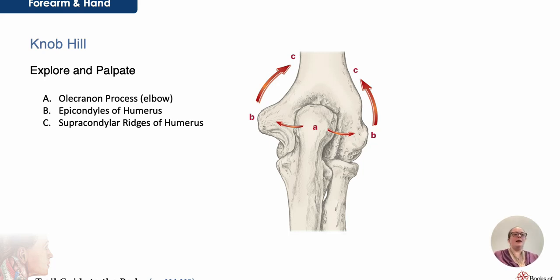All right, let's talk about the knob hill. The names they come up with. Your elbow, the olecranon process is A. So this is what happens when your humerus and your lower forearm and ulna are in a straight position. This is what it looks like, just upside down.